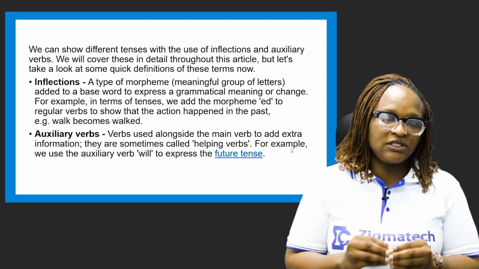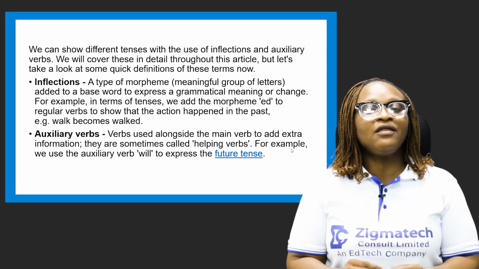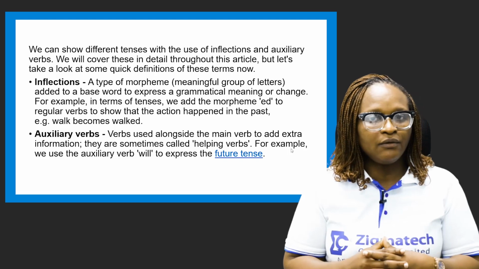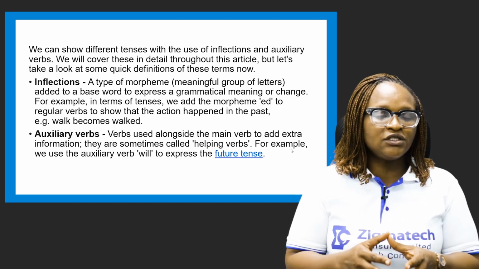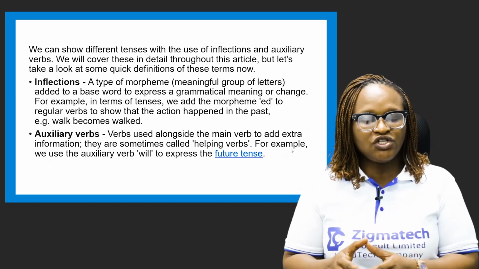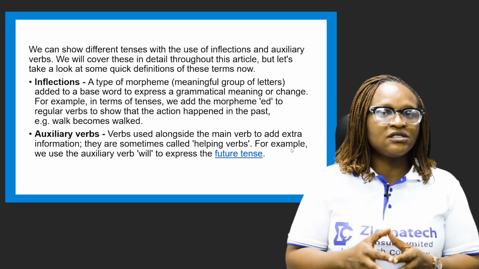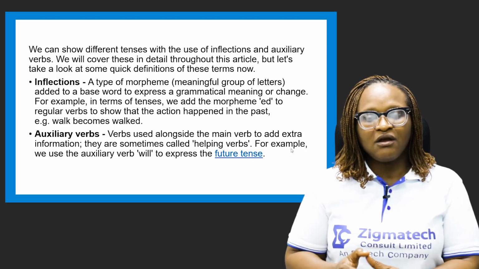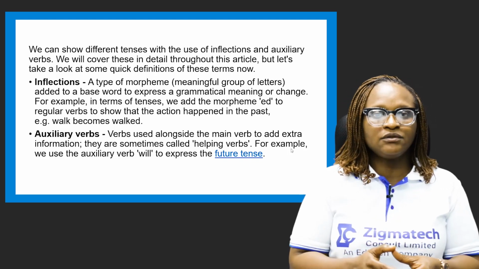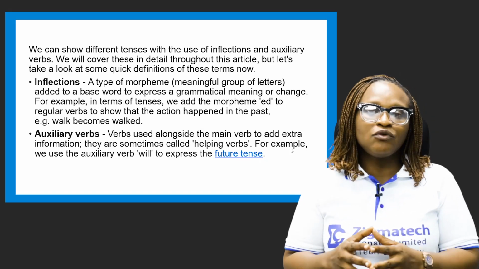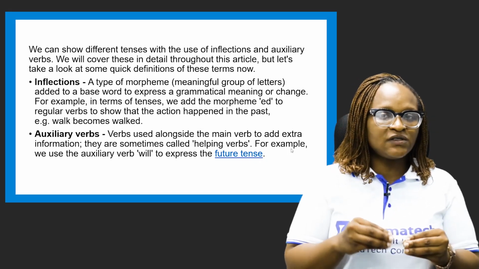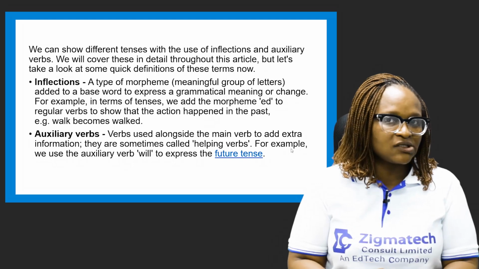If I have the word teach and I add the morpheme er, I will no longer have the word teach. I would rather have the word teacher, and teacher means a person who teaches. While teach is a verb, teacher is what? A noun. So you see that morphemes to an extent do the same work as a suffix.